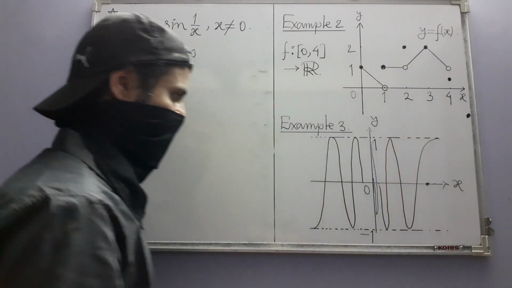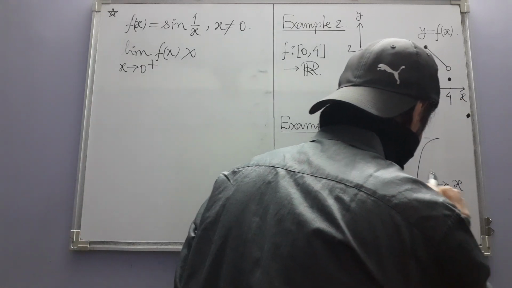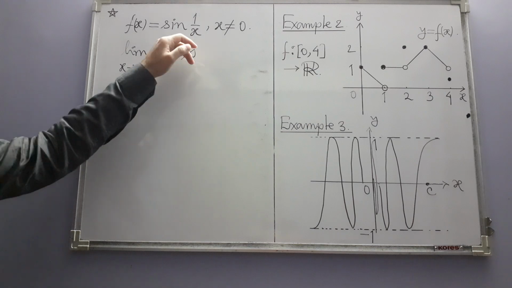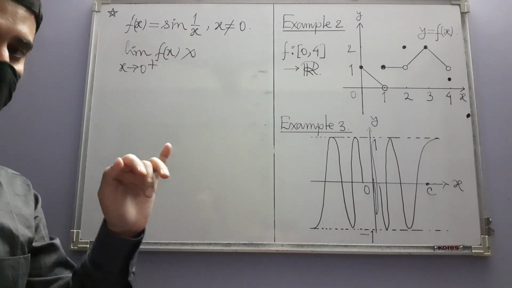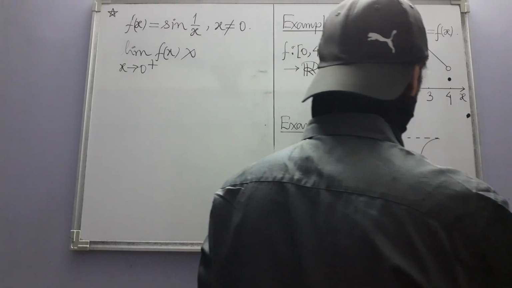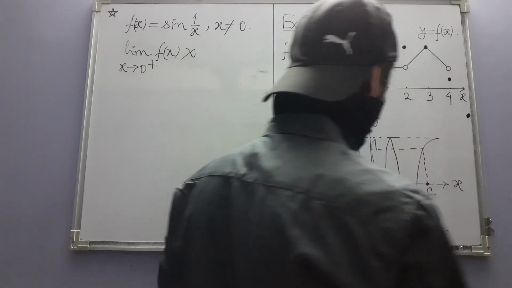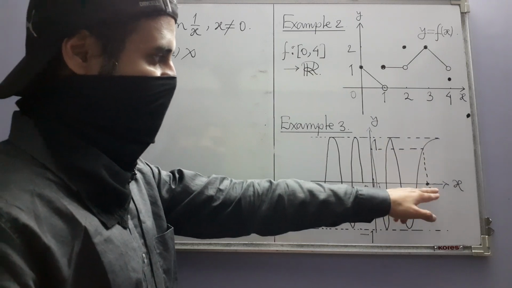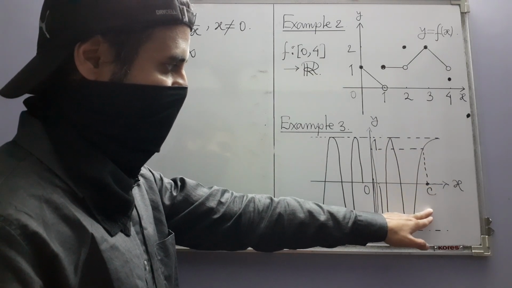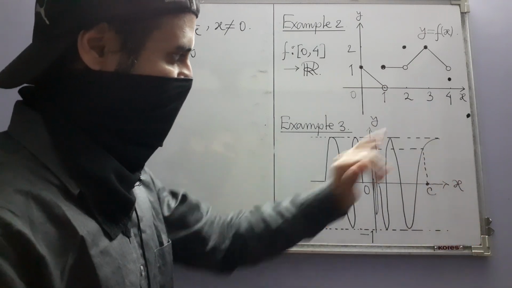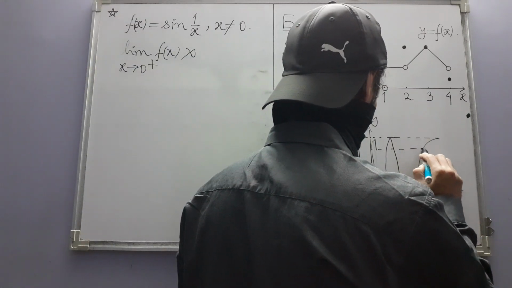Say this is your C, small c. Now if you want to see what this function is doing at C, you just draw a perpendicular to the x-axis which goes through C. That perpendicular intersects the graph here.